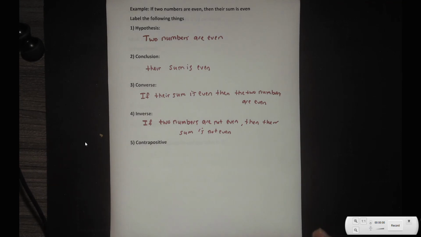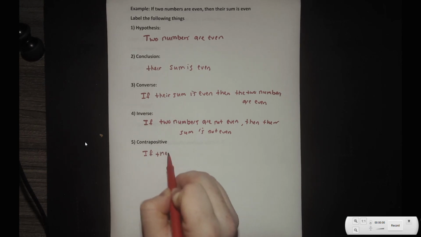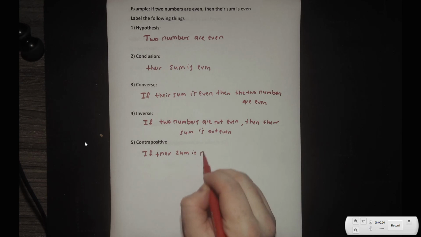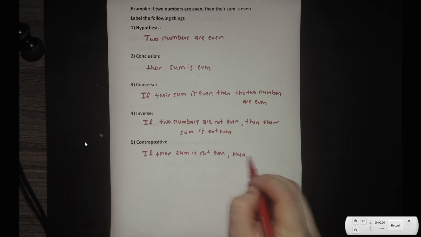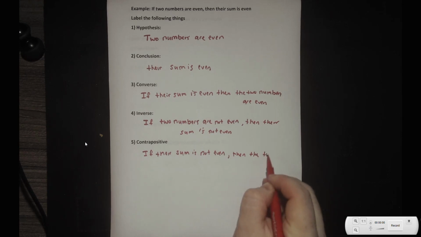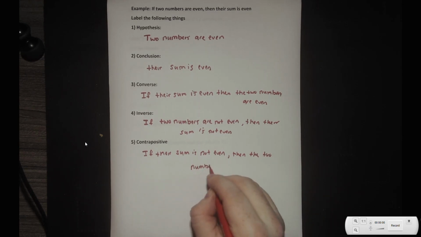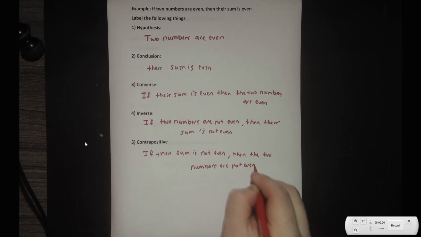And finally, the contrapositive, if you do both, if their sum is not even, then the two numbers are not even.